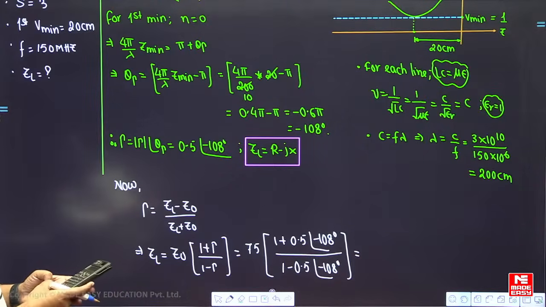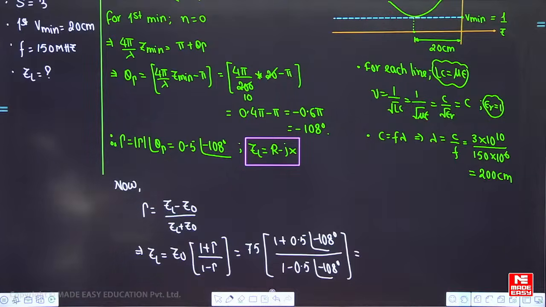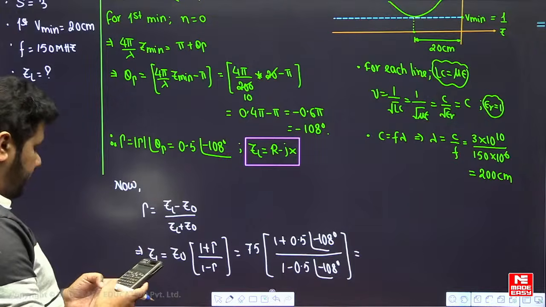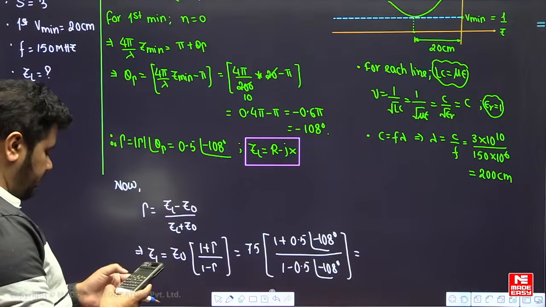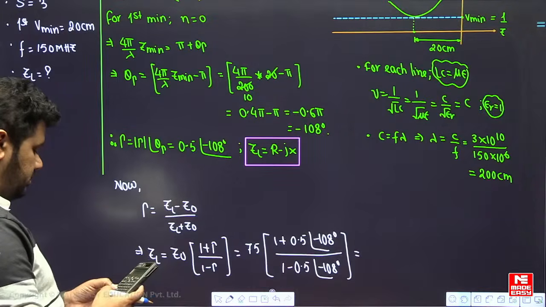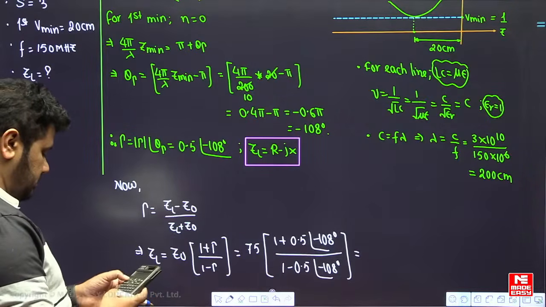So this is 1 plus 0.5 at an angle of minus 108 degrees, divided by 1 minus 0.5 at an angle of minus 108 degrees.